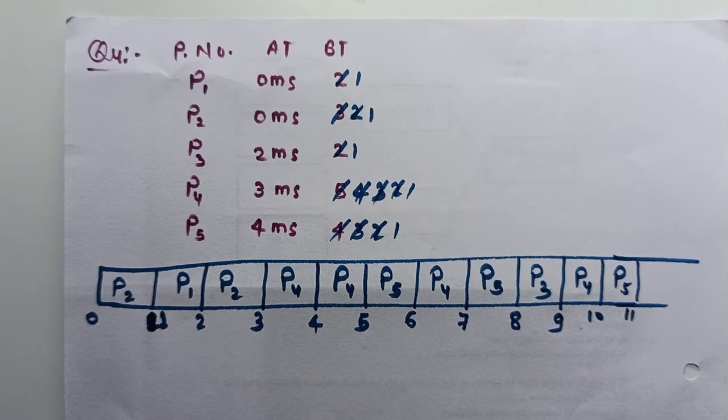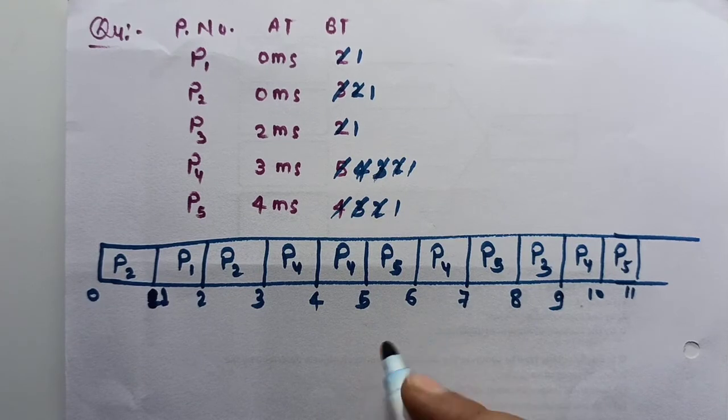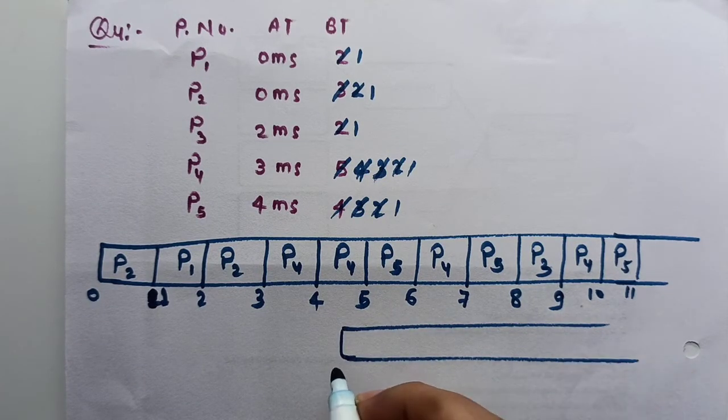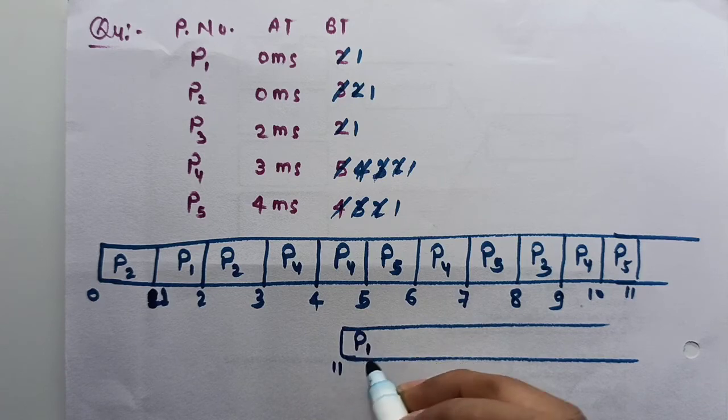Okay, and see, just after 11 units of time, now all the processes in the computer system have the same burst time, that is 1 1 1 1 1. There is a tie among all of them. So which process to allocate next? We will allocate the process which has arrived first, that means process 1, P1.